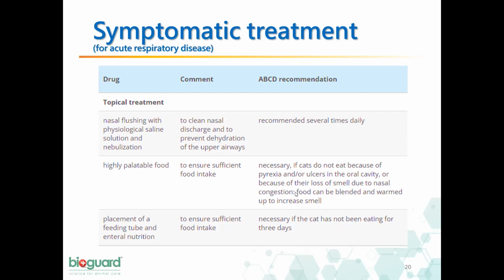In this case, an oral esophageal feeding tube can be used to feed the cat. So the third method is the placement of the feeding tube and internal nutrition to ensure a sufficient amount of food intake for the cat.